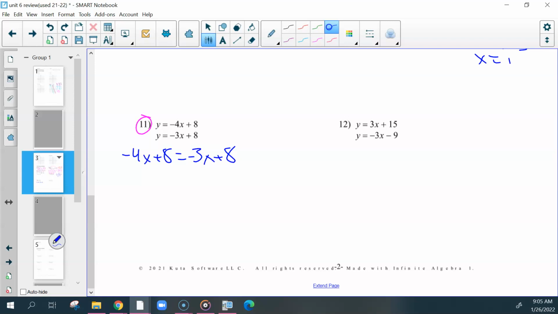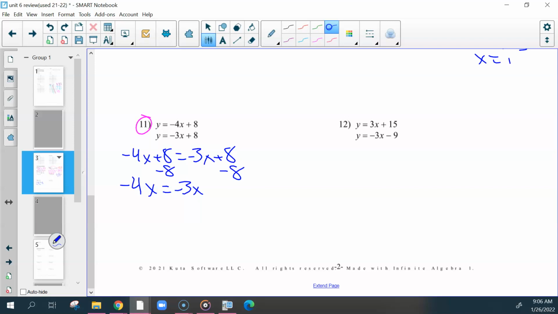And then solve. What do we want to move first? Eight. Okay. So if we subtract 8 on both sides, they disappear. Now what? We need to get all the x's on the same side. Add, in this case.